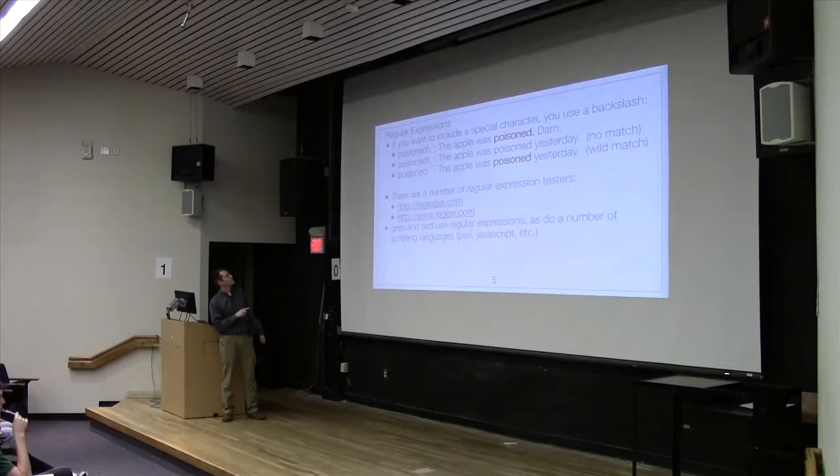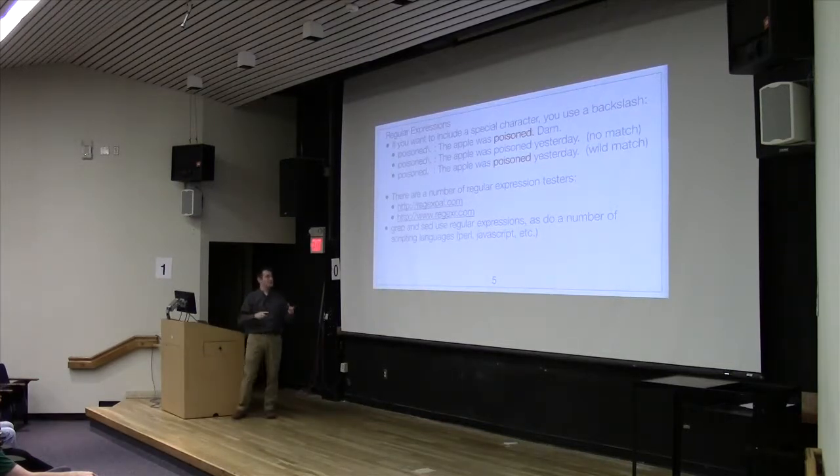I must have not had a period here. Oh, here we go. This one matches. Poison backslash period will not match this one because there is no actual period there. And then finally, the apple was poisoned yesterday. Same thing. This one will match it because that period means wildcard. So you just have to think about all these things when you do it.